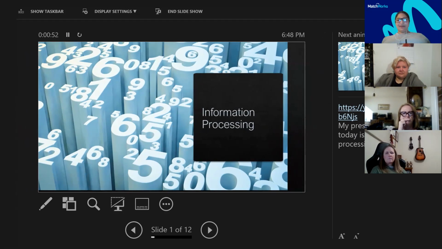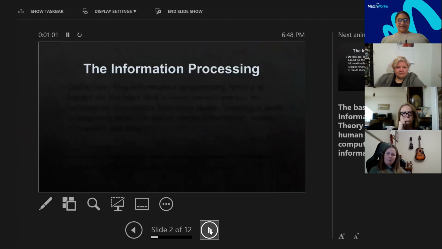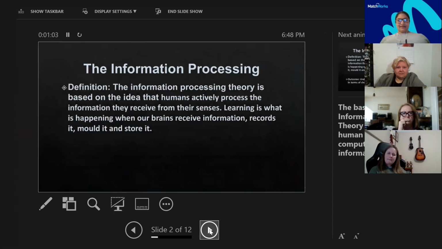Okay, my topic for today is information processing. The definition of information processing: information processing theory is based on the idea that humans actively process the information they receive from their senses, and learning is what is happening when our brain receives information, records, molds it, and then stores it.